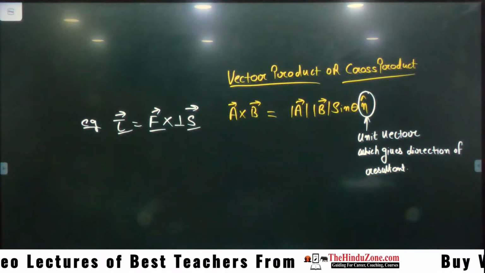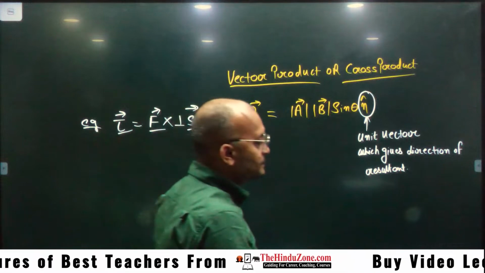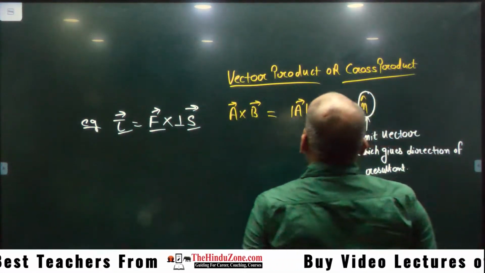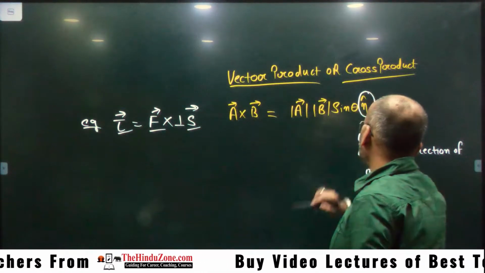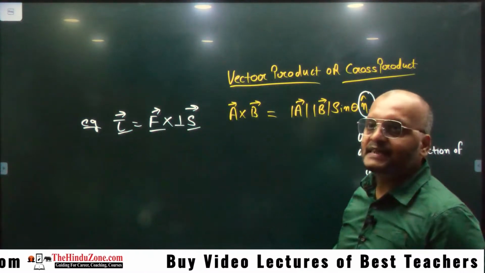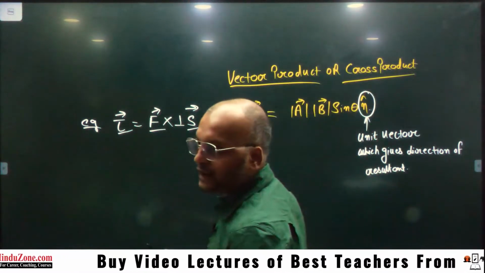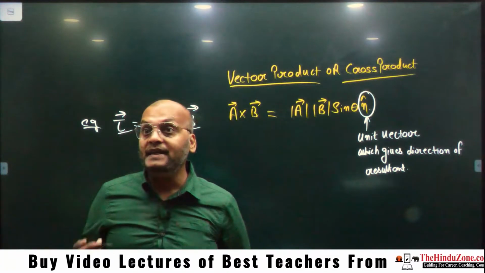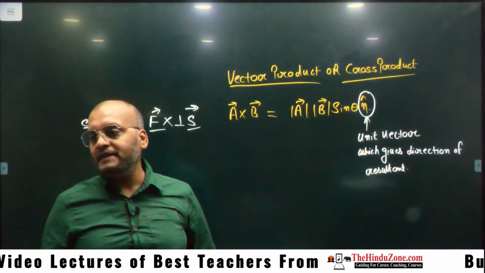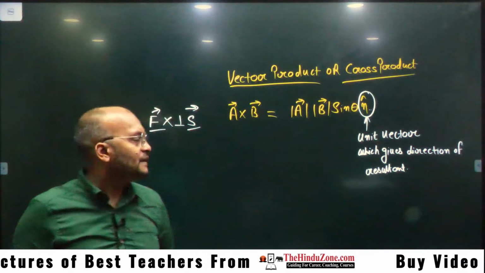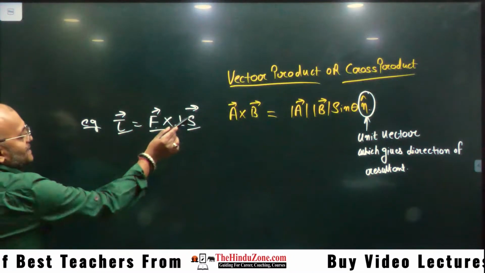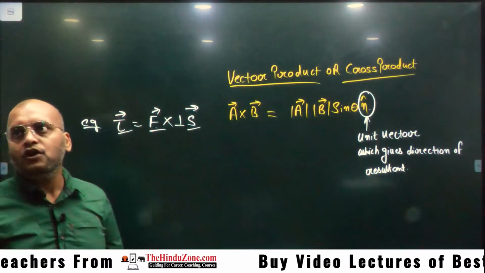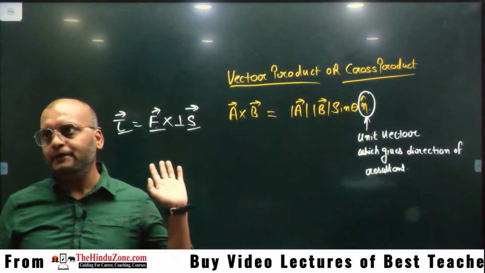Okay. Now please see, in the product we are obtaining a unit vector which is giving us the direction of our resultant. So we need to analyze what will be the direction of the resultant. Suppose I am multiplying force and displacement, doing the cross product of force and perpendicular distance.